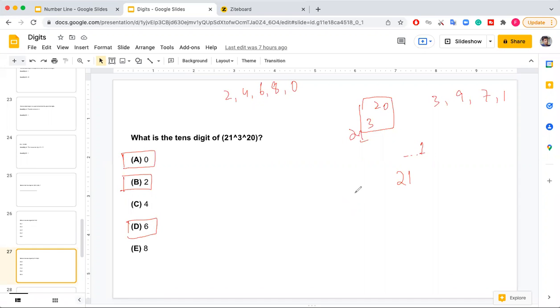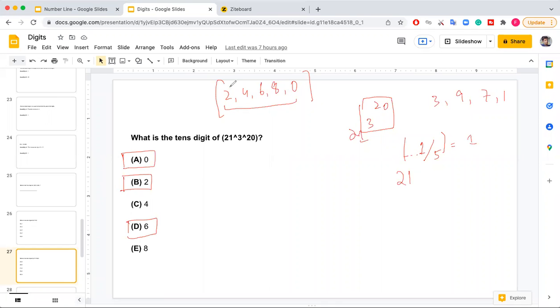Now, what is cyclicity of 21? That is 5. So whatever the first digit is, if we divide this by 5, the result is always 1. Whether that first one is 2, 4, 6, whatever the value is, the clue is because we are having the cyclicity of 5, and if we divide the power with 5, the result is always 1.